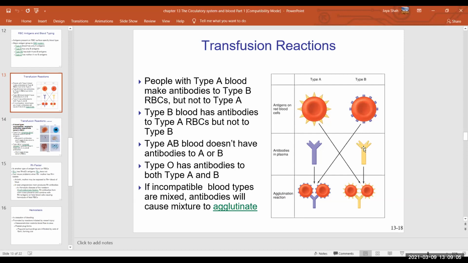And for B blood group, antibodies will be against A antigen, against these triangular yellow antigens. Because if you mix these bloods together, what happens? Antibodies against B will bind with B antigens, and antibodies against A will bind with A antigens, and they clump.